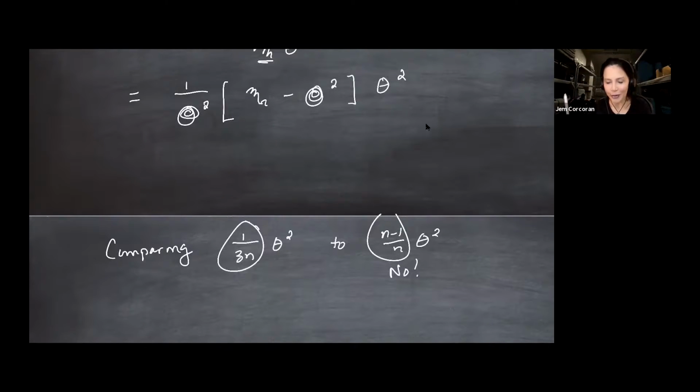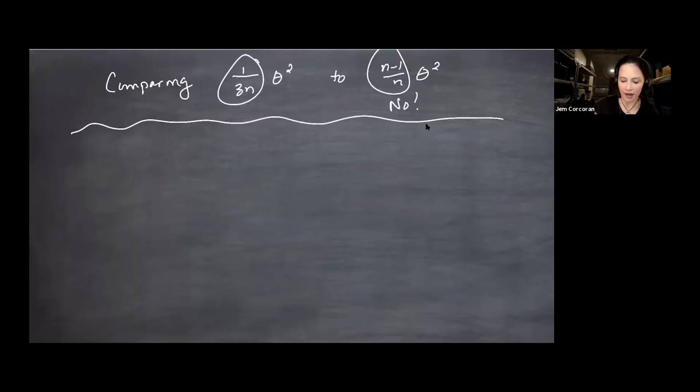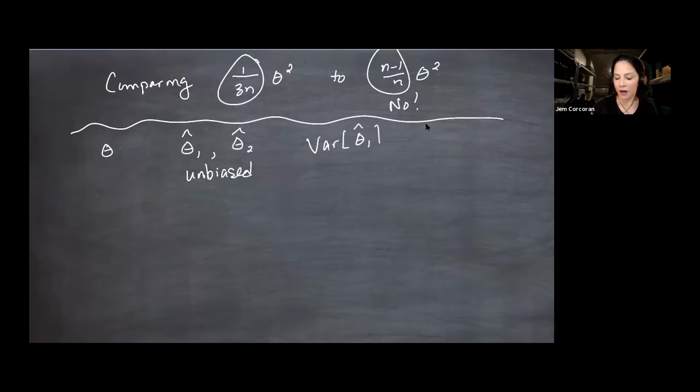I'll ask if there are more questions about the homework, but this kind of brings me to a point that's coming. So if we're estimating a theta, forget this problem. This is not this problem. And we have two unbiased estimators. If we compute the variances, then we would like the one with lower variance.